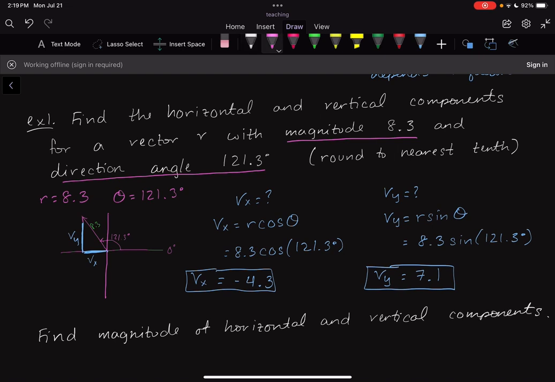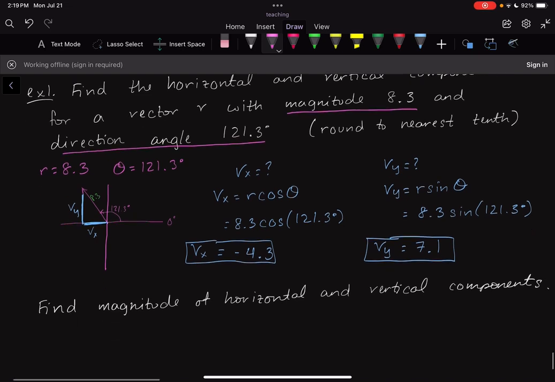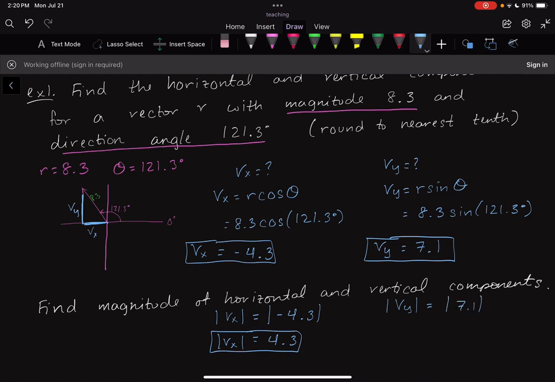If they ask for the magnitude of the horizontal and vertical components, they're looking for the absolute value of Vx and the absolute value of Vy. So all you will have to do is take the absolute value of both of these numbers. So we're just getting rid of the negative, if we have a negative.